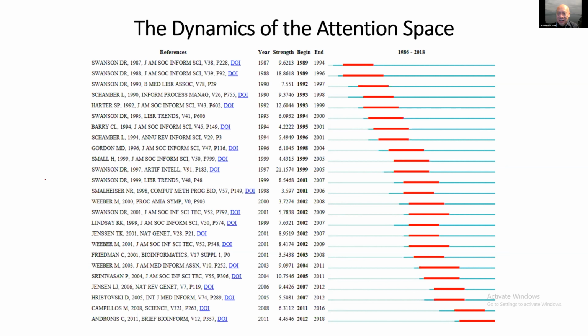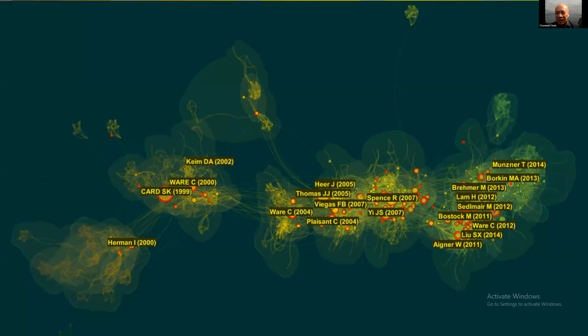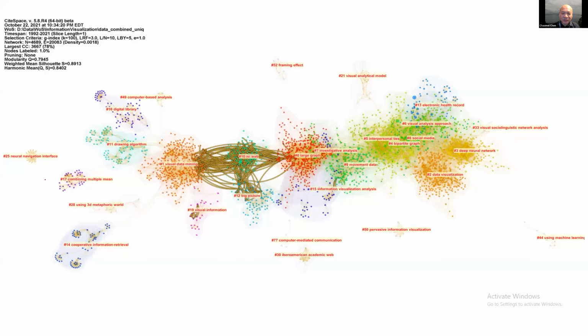The dynamic of this attention space is that we keep changing the one we're looking at. Maybe this is common sense, but it's very insightful from our own perspective. We're looking at this, then we realize for the science mapping process, we may expect something like this spread out, but the focus will be different over time.